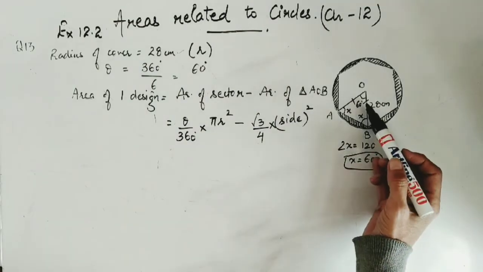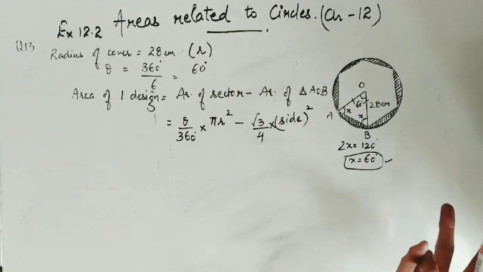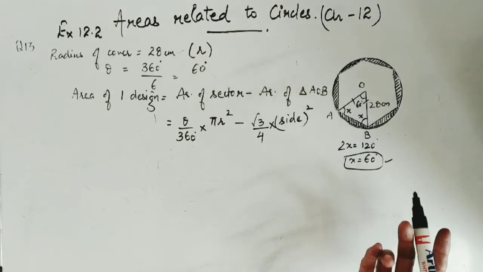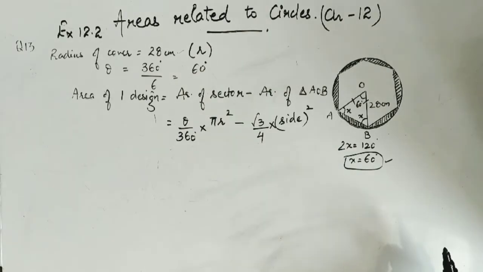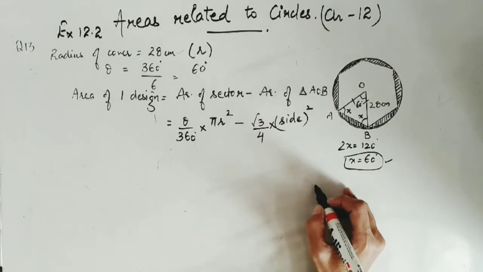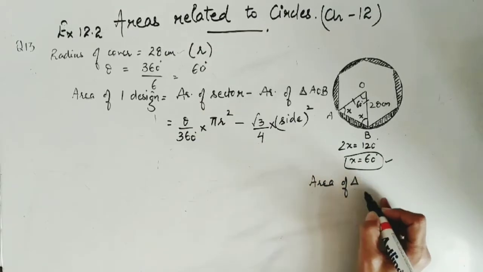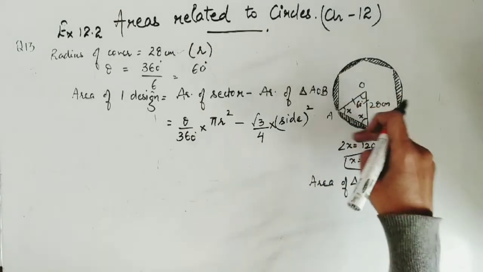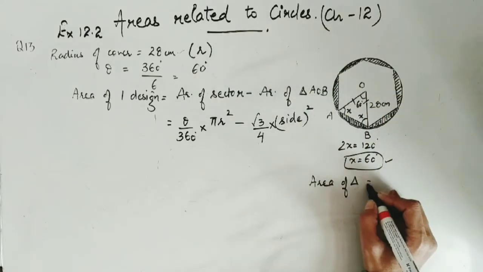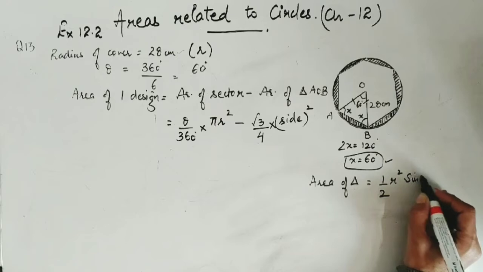If in case the triangle is not equilateral, because the two cases which we have discussed, that was a coincidence, I would say. We got both the cases for equilateral triangles. The method for finding area of a triangle which is inscribed in a circle like this would be half r square sine theta.